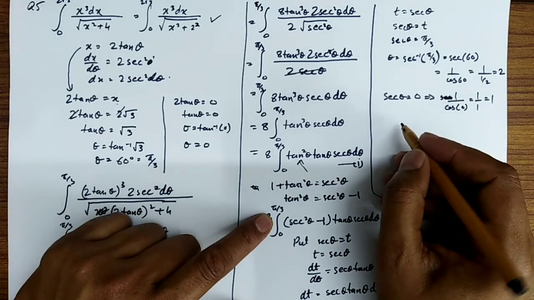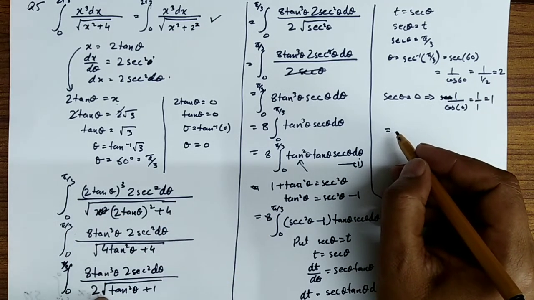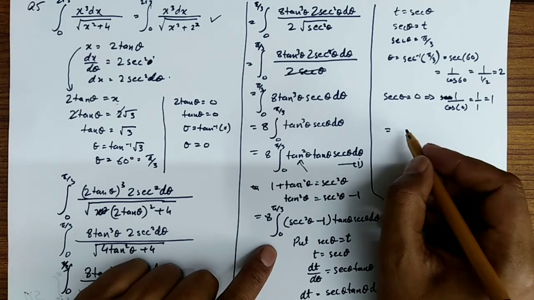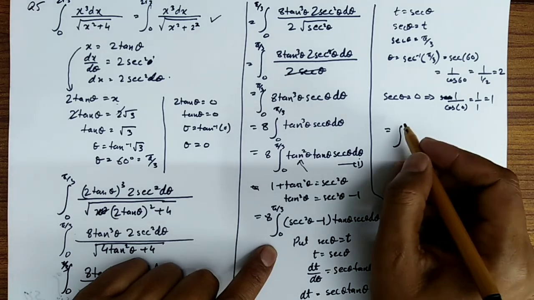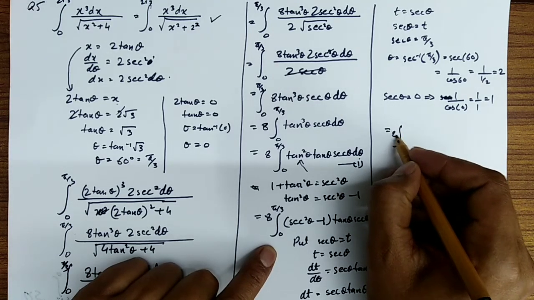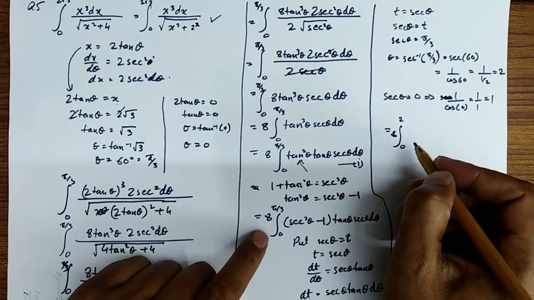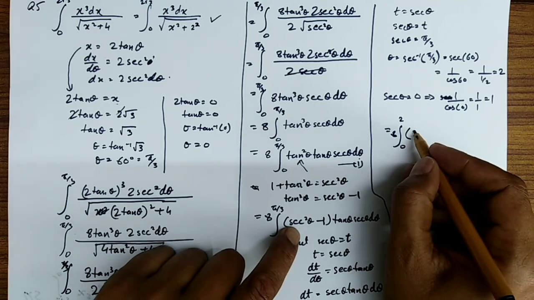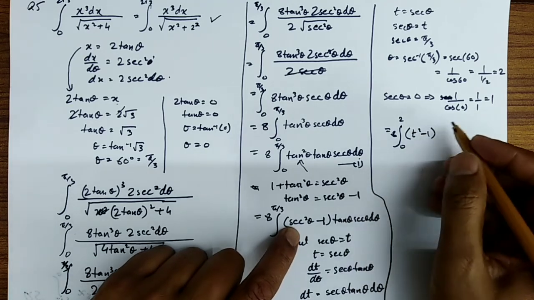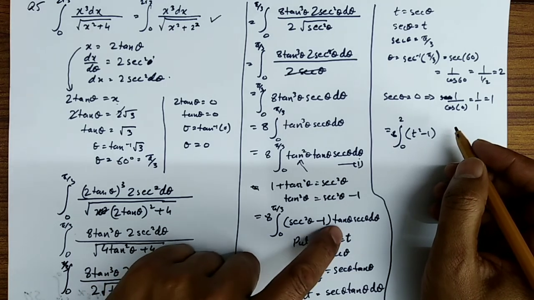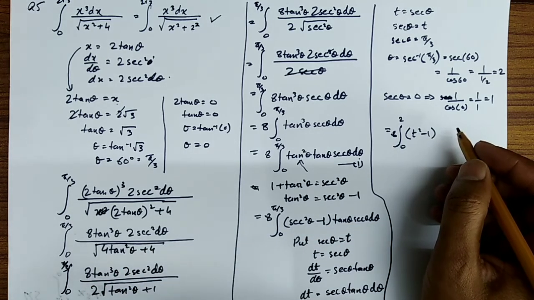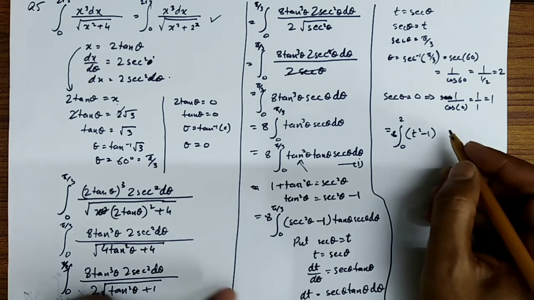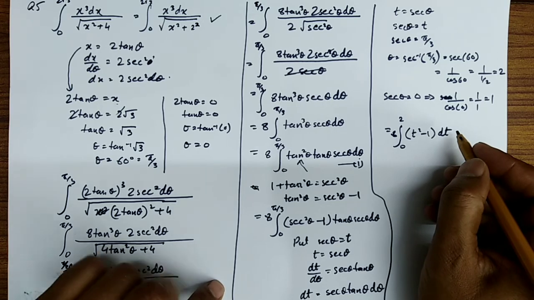So now we can write this original question, which was over here, as 8 integral from 1 to 2, sec square theta minus 1 we can write as t square minus 1, and in place of tan theta sec theta d theta we will write dt, so this can be written in this simple way.